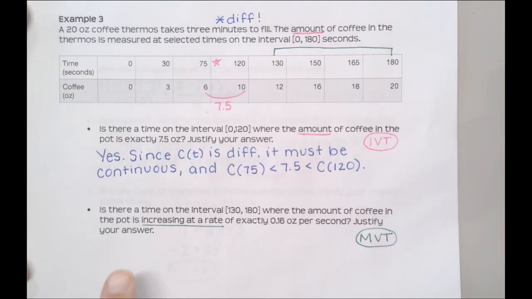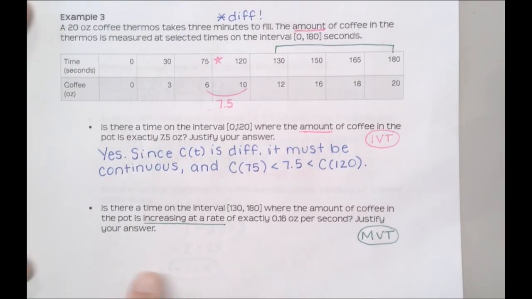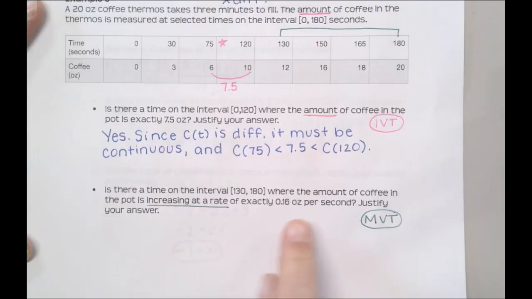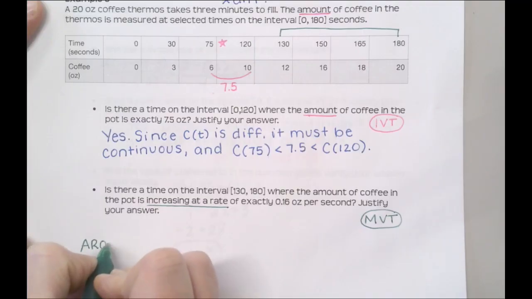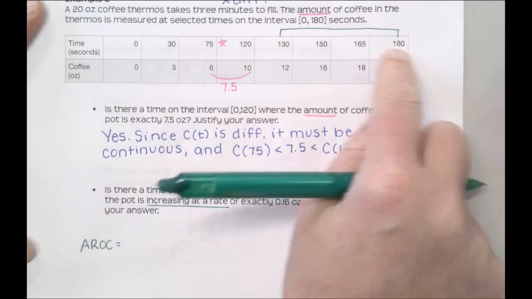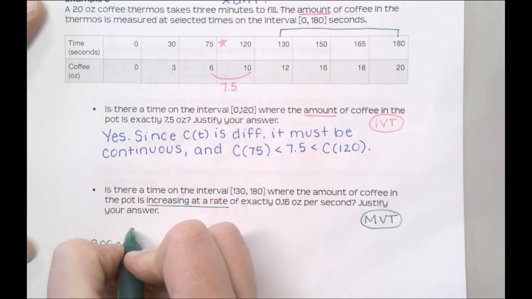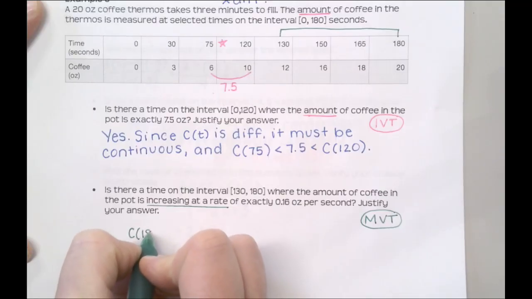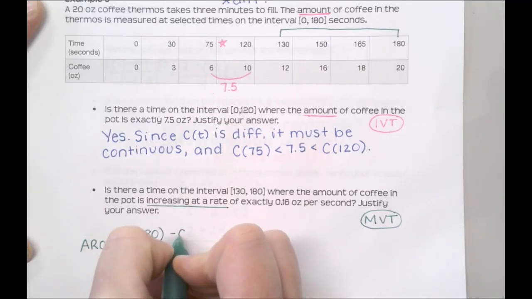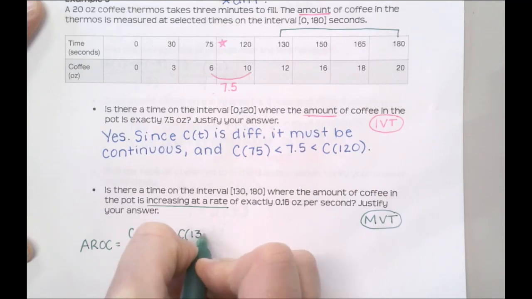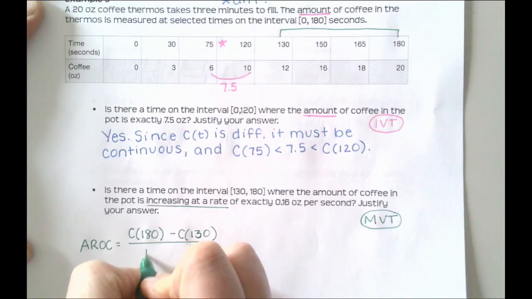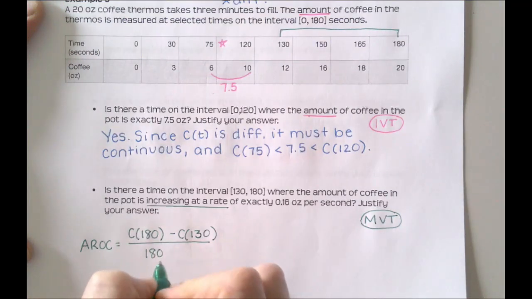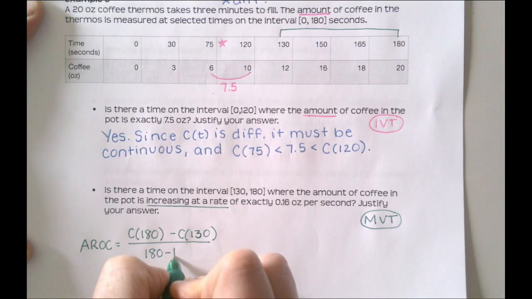And I would know that that derivative exists as long as I know that an AROC exists of exactly this number. So what I'm going to find is the average rate of change on the interval between 180 and 130. So C of 180 minus C of 130 over 180 minus 130.